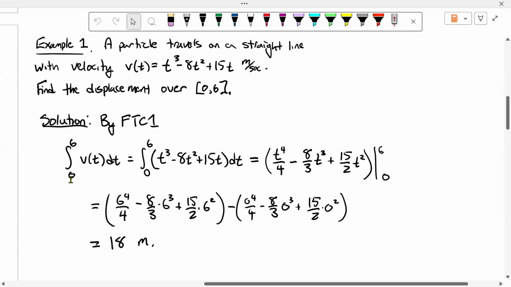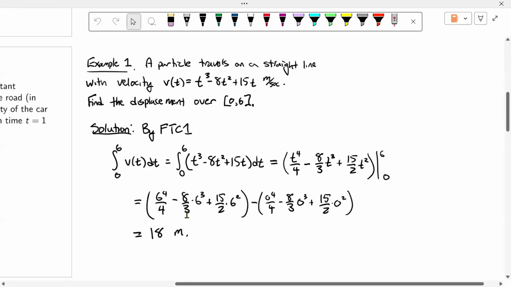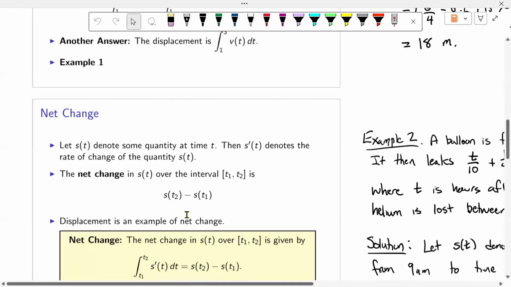To compute that, we literally just took the integral of the velocity function. The other way of doing that would be to find the s of t function, the position function, plug in at 6, plug in at 0, and take the difference. But we can simply do this definite integral instead. We take the antiderivative, we get this, we plug in 6 there, we plug in 0 there, and it comes to 18 meters.